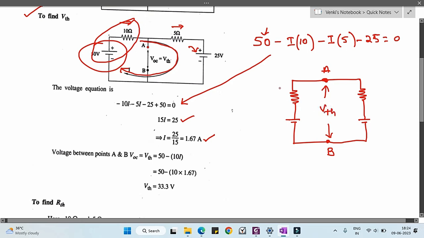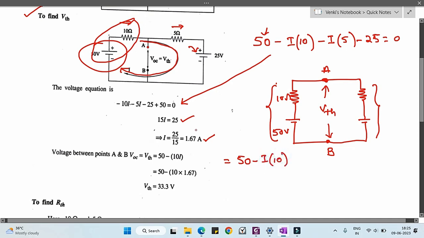This voltage value will be equal to the voltage of these two or the voltage of these two. Why? Because all these three are in parallel. So now I am going to calculate the left side value, that is 50 volts, and here it is 10 ohms. The voltage of this left side branch will be equal to 50 volts minus I into 10.